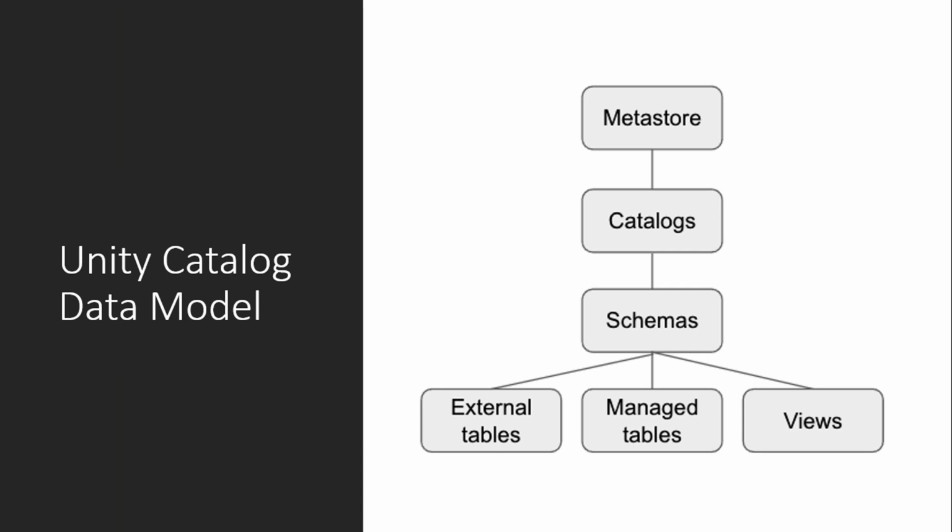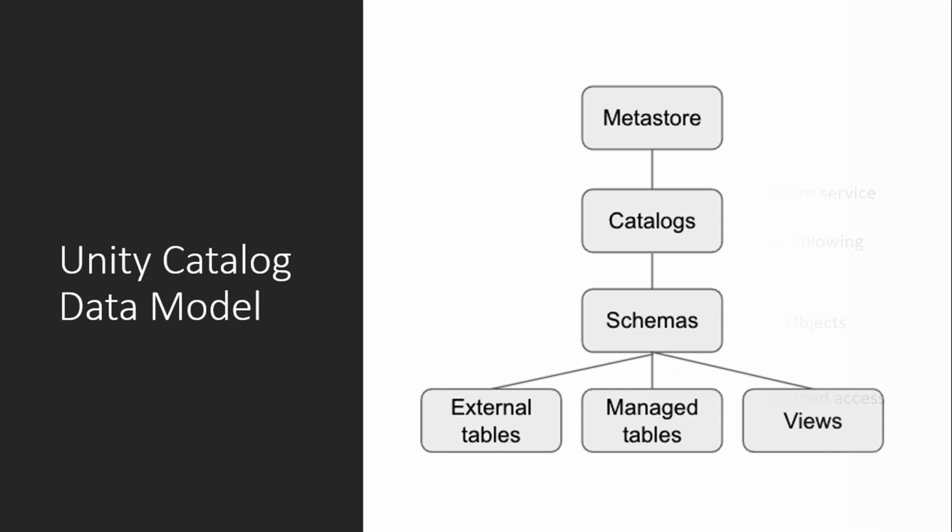Hope that makes sense. You can create one or more schemas inside the catalog. A Unity Catalog schema is the same as a database. The term database is a synonym for Unity Catalog schema. So you call it schema or a database, they are the same. Then you can create managed tables, external tables, and views inside the schema. And that's all about the Unity Catalog data model.